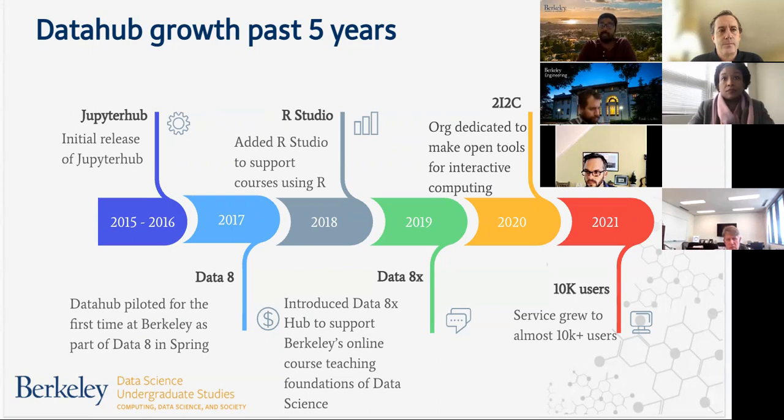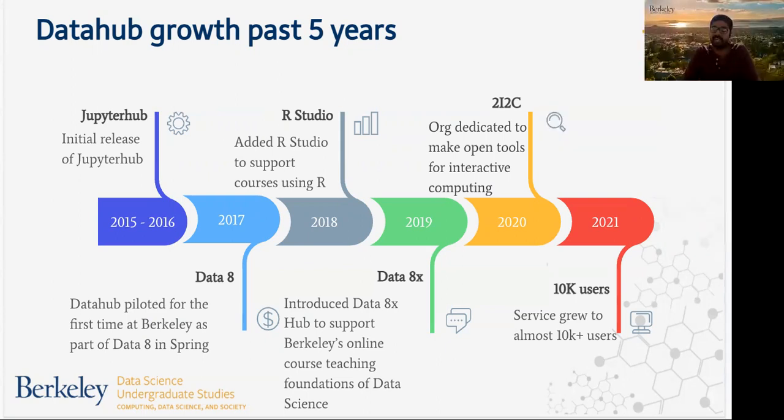Once Data 8 adopted it, many other instructors expressed interest in using this tool. Many of them were using R tools like RStudio as part of their instruction. So the team here within Berkeley added RStudio as part of the Datahub offering in 2018. This was not offered as part of the Jupyter Hub open source tool, so this is one of the contributions Berkeley made to the open source ecosystem.